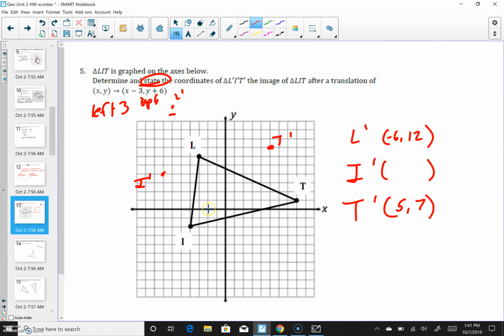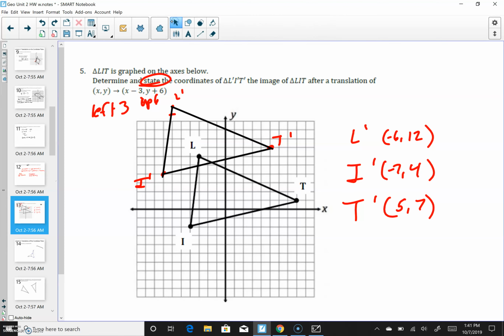And I prime is negative 7, comma 4. We'll connect those to make them into our new triangle. And you should see all corresponding sides are the same length, as well as all corresponding sides are parallel.